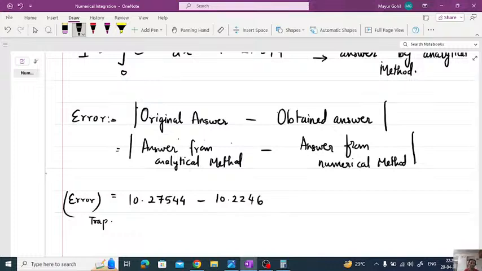Okay, so here you get this error is 0.05084.